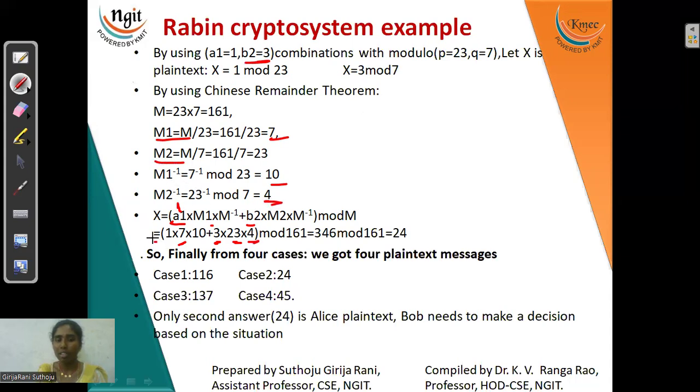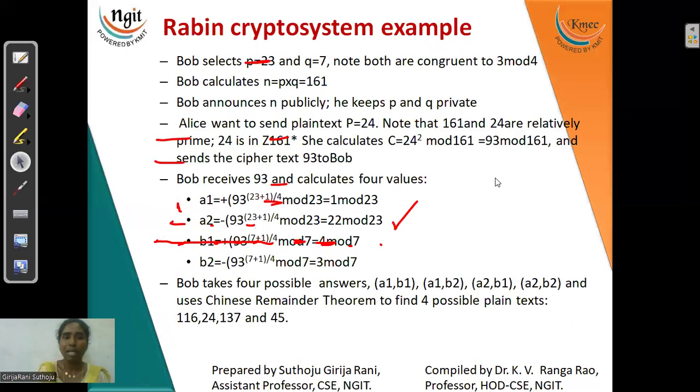So I have substituted all the values, mod my n value, so that I got 346 mod 161. So my value is 24. This is exactly the plain text which I chose in my previous slide, which is 24, right? So out of all these 4 combinations, the second choice is giving the correct output.